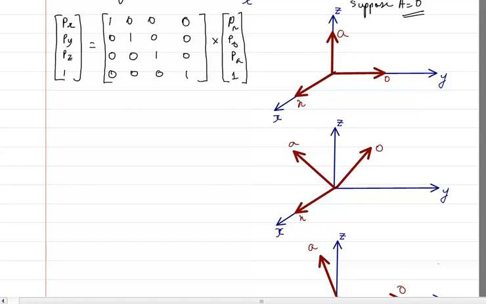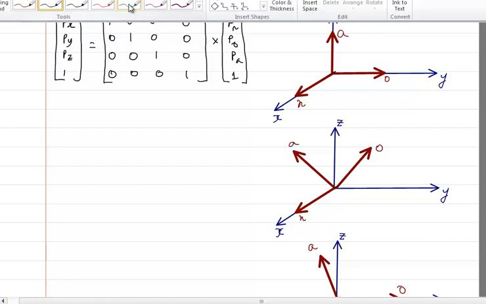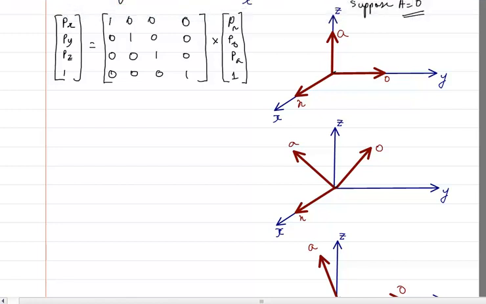As we discussed in the previous case, we have the transformation matrix for transforming a vector which is in the NOA reference plane.